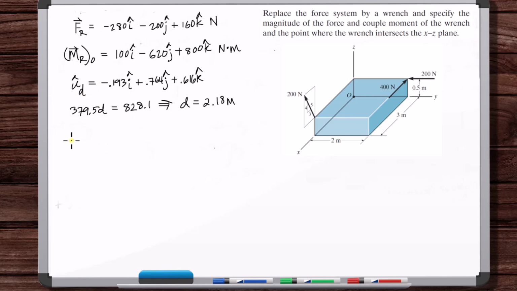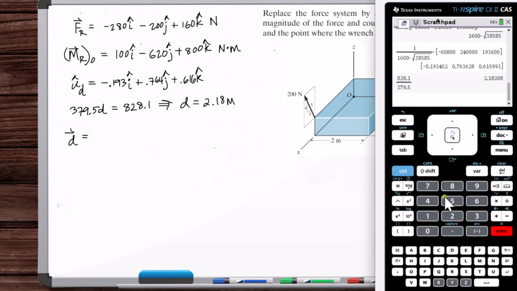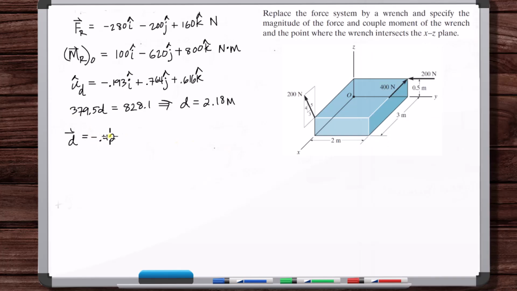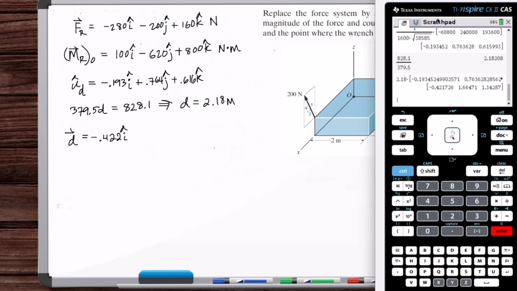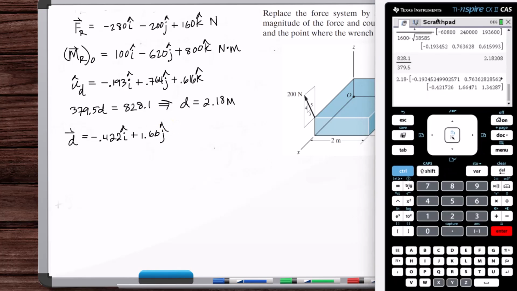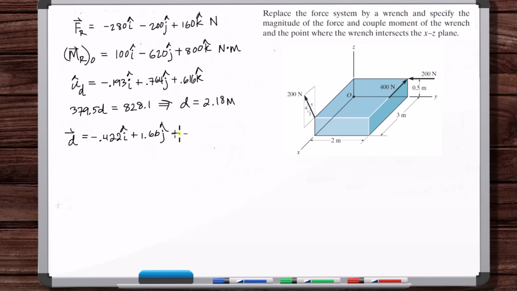So it's just 2.18 times this: minus 0.422 i hat plus 1.66 j hat plus 1.34 k hat meters.